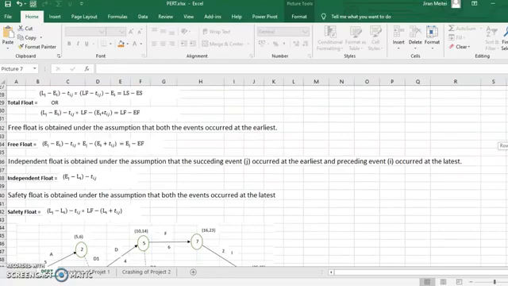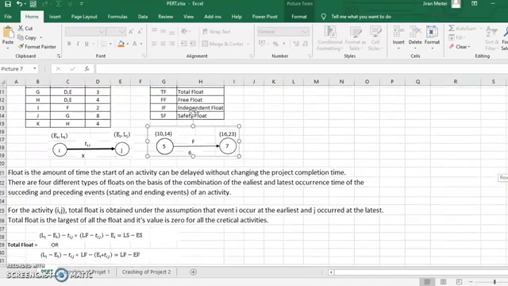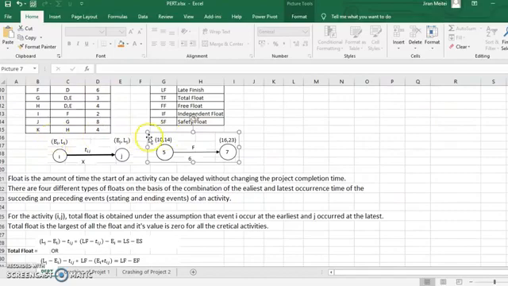This is activity F. Your I becomes 5 and J becomes 7, and EI is 10, LI is 14, EJ is 16, LJ is 26, and the time taken TIJ is 6.